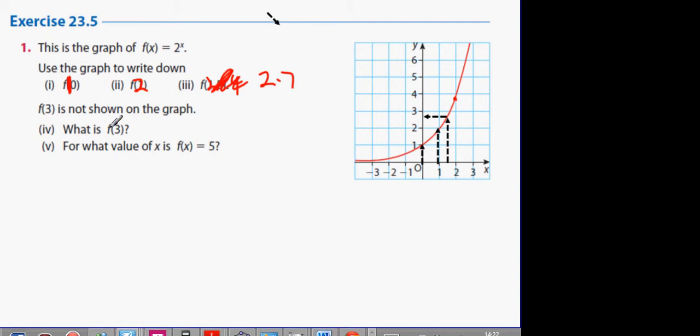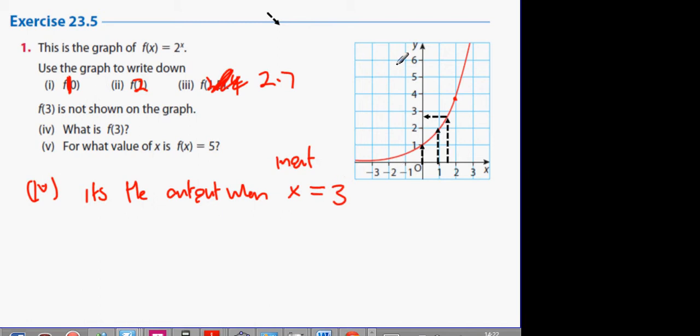Okay? f of 3 is not shown on the graph. What is f of 3? f of 3 is, if I was to explain it, the output when x, or the input, equals 3. So let's see, how would you find out?